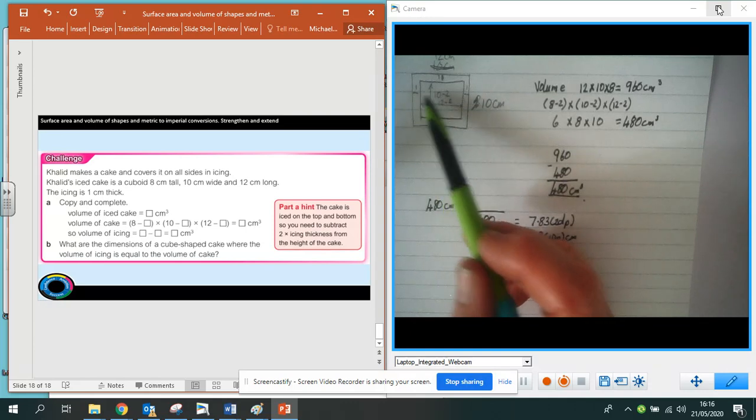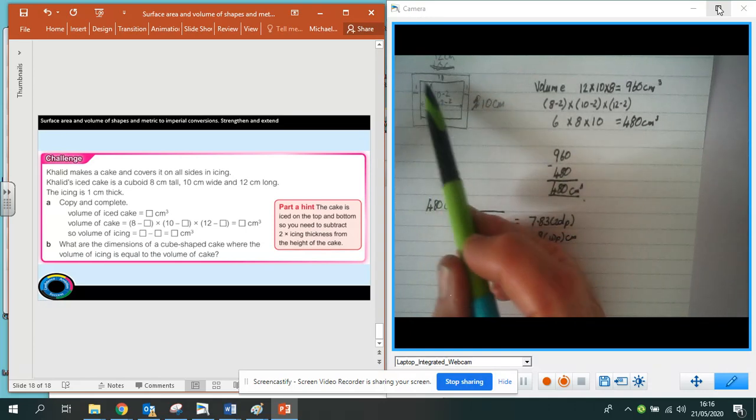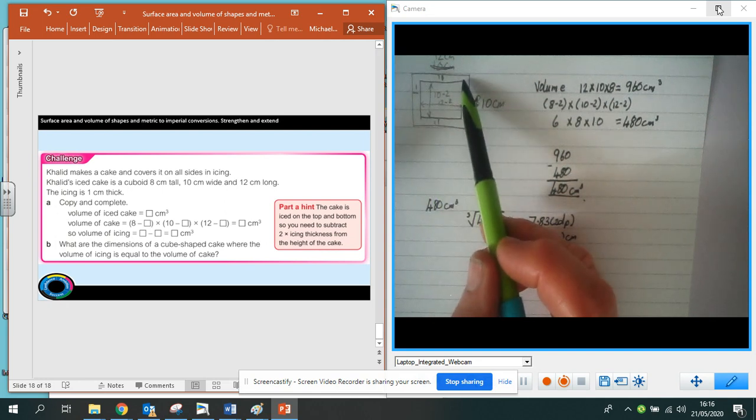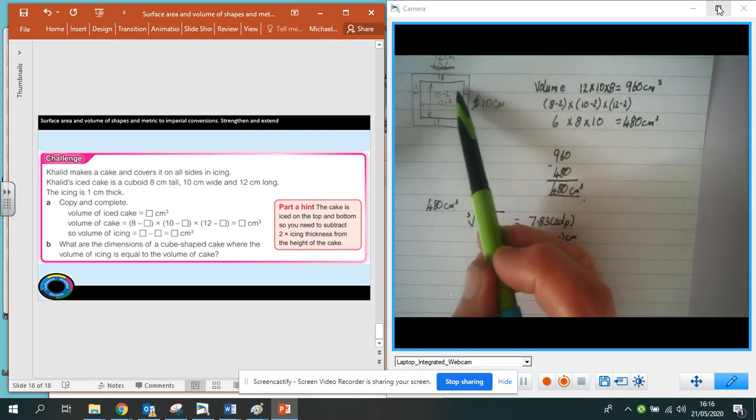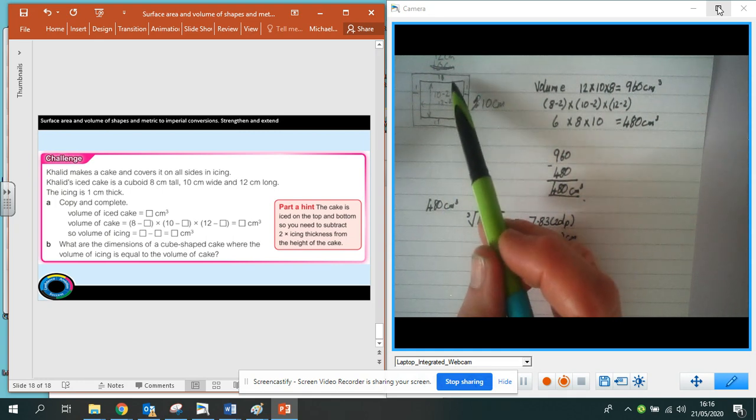So the actual dimension of the cake is 2 centimeters smaller. So if you've got a length of 12 centimeters, the amount of cake is 10 centimeters. So 10 centimeters there to there, you've got 8 centimeters of cake.